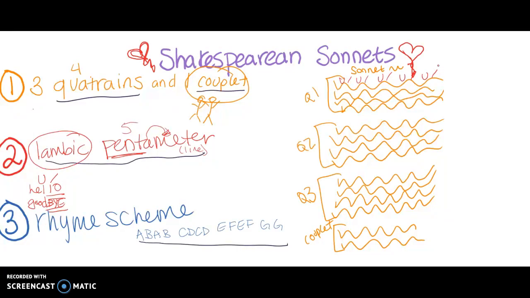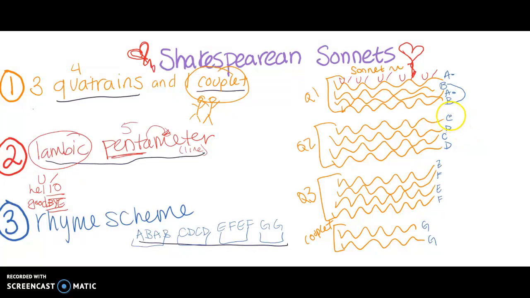And finally, let's talk about rhyme scheme. Each letter represents the last syllable in each line. They are broken up into 3 sets, just like the 3 quatrains and 1 couplet at the end. The first line of every quatrain rhymes with the 3rd line of each quatrain. The second with the 4th.